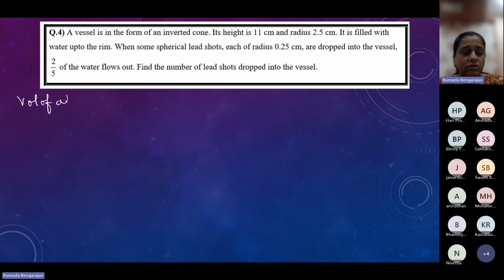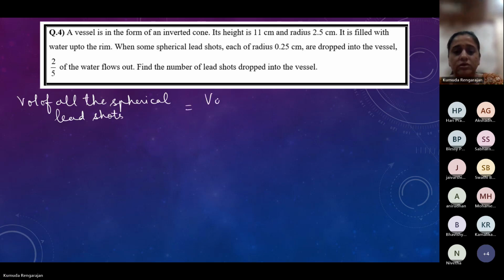Volume of all the spherical lead shots is equal to the volume of the water that flows out of the cone.